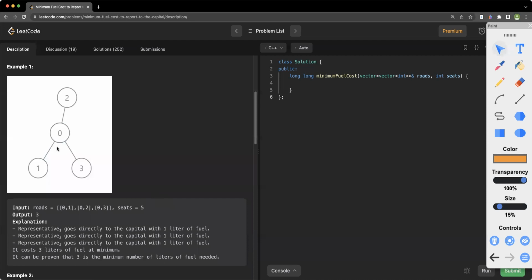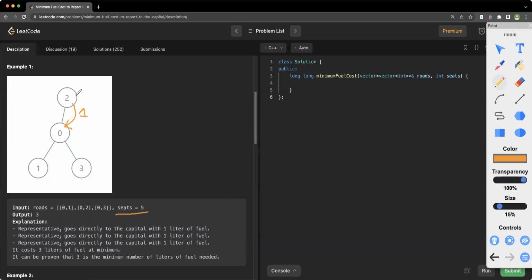In the first example, we are given this graph. All the representatives should come to the capital city to attend the meeting. There is a representative at each city. The representative should come from city 2 to city 0. That will cost him 1 because the seats are 5. We have 5 seats in the car, so at most 5 representatives can sit in each car.